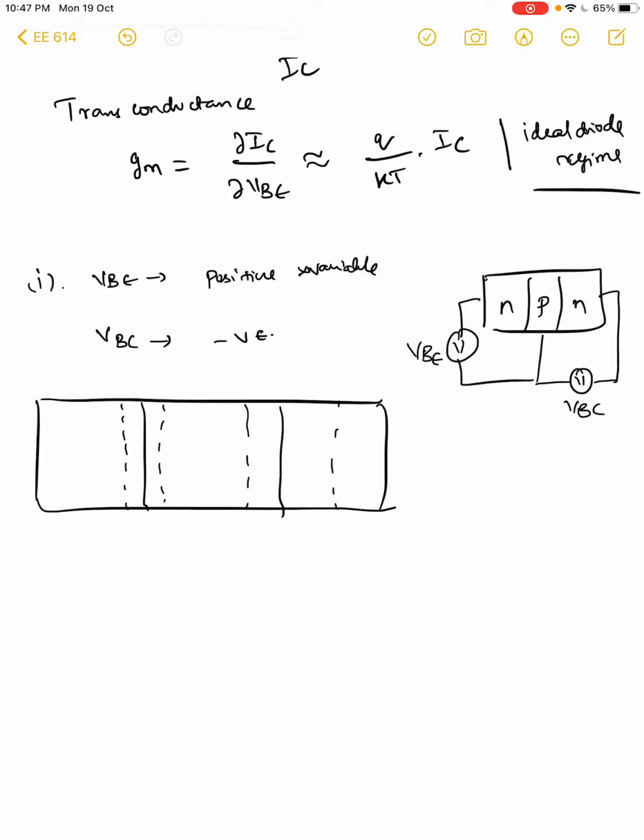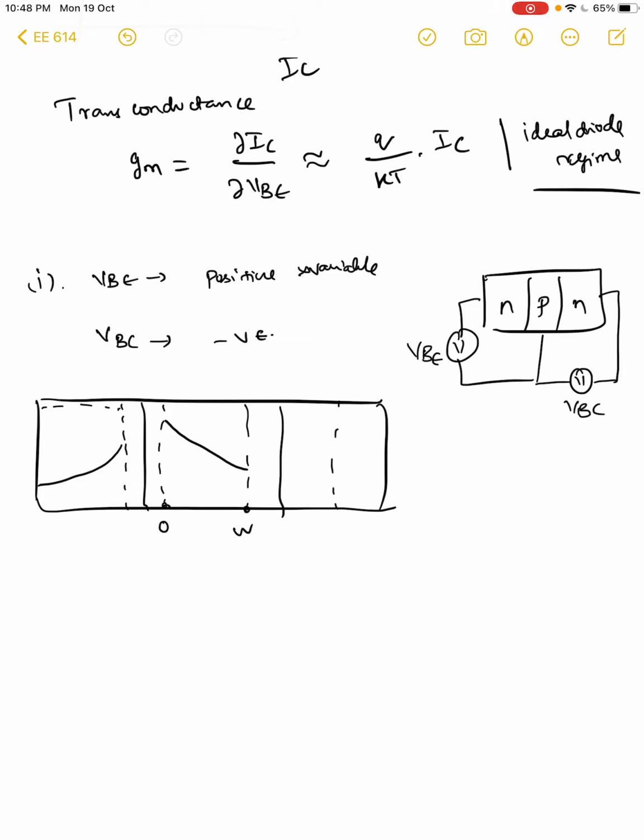The base collector junction is negatively biased. As in our previous discussion, this is 0 and this is W, and this is positive bias. So your electron or hole concentration here will drop like this, and taking our initial electron concentration here, you will have an exponential decrease.